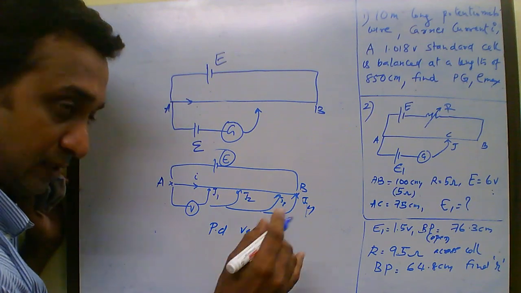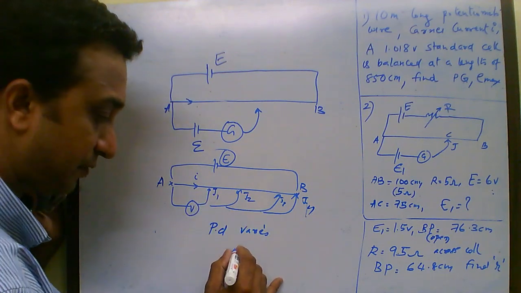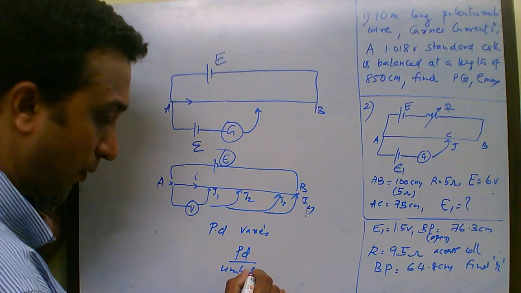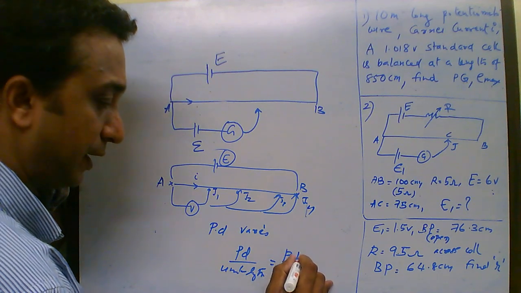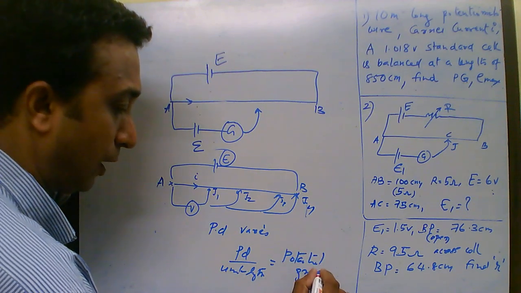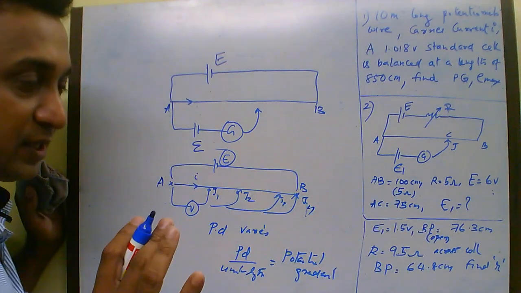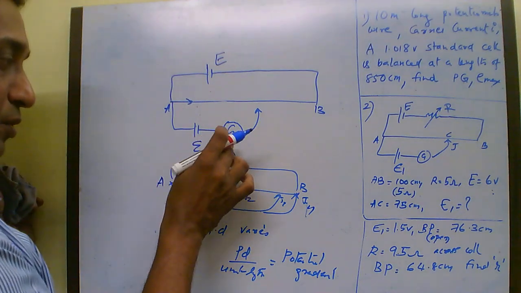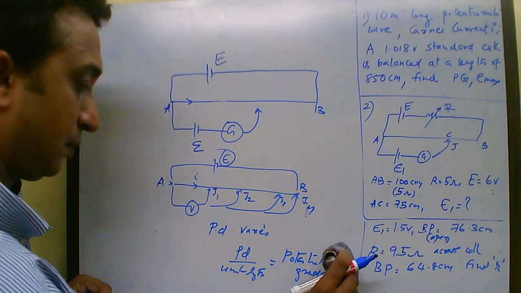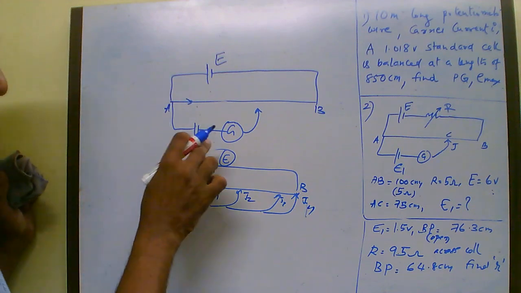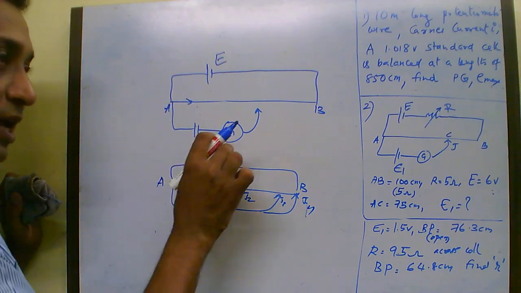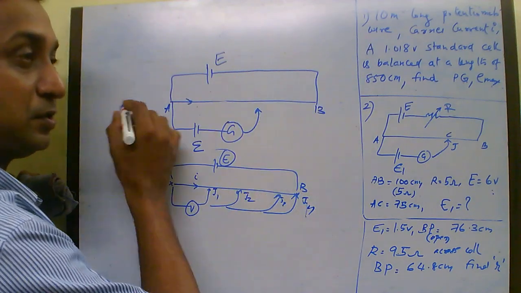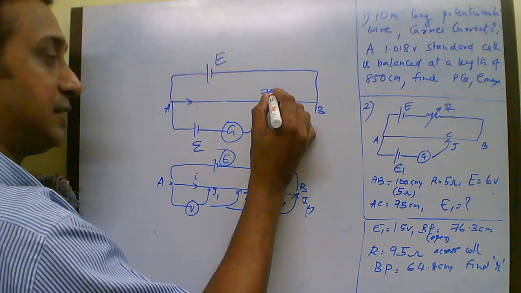This differing potential, that is the potential difference per unit length, is what you mean by the potential gradient. How much it varies per unit length is given by the potential gradient. So if I am using a galvanometer connected to a secondary cell, and I get a balancing length, assume the wire is 1 meter long and I get it at 70 centimeters.